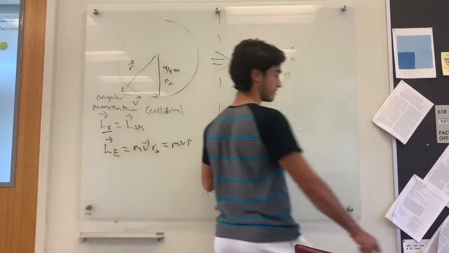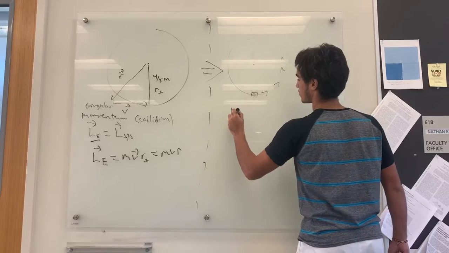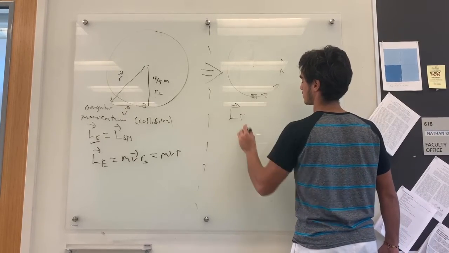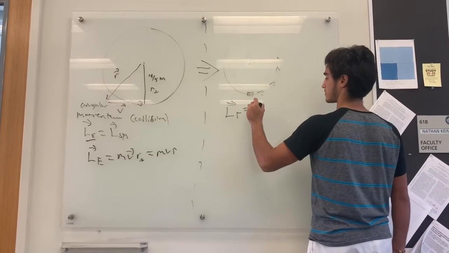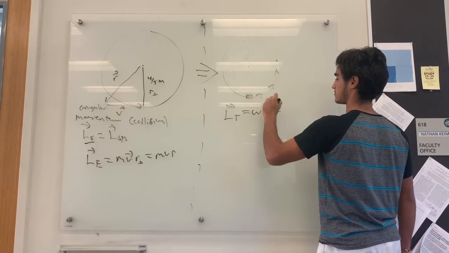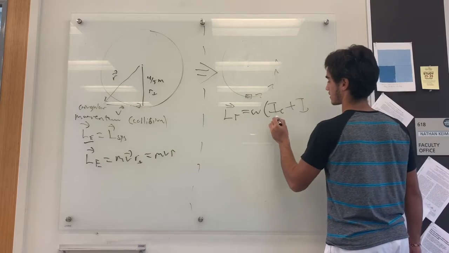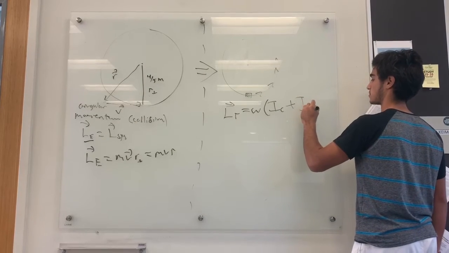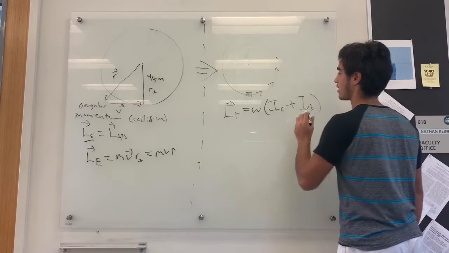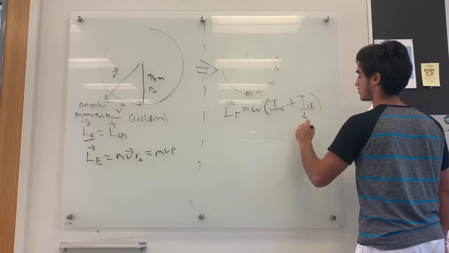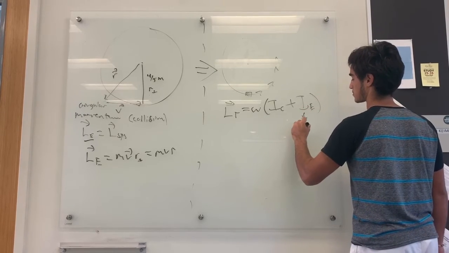And now as we go to the final one, we know the final angular momentum is equivalent to omega times the sum of the moments of inertia. So the carousel's moment of inertia as well as Evan's moment of inertia. We know Evan is also a point mass, so Evan's moment of inertia is mr squared.